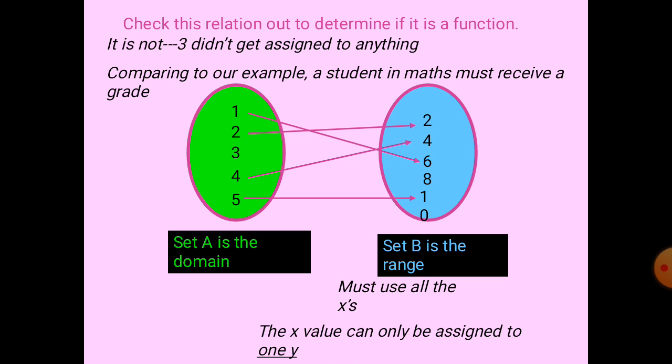Compared to our example, a student in math must receive a grade. Even if it's 70 or 60, they deserve to receive a grade. The range must use all the domain, and the x values can only be assigned to one y. So it is not a function because 3 didn't get assigned to anything.